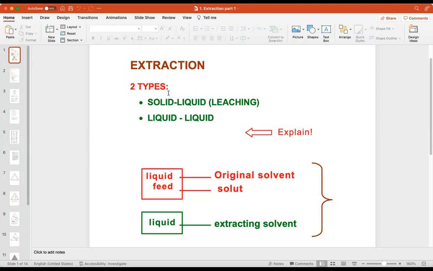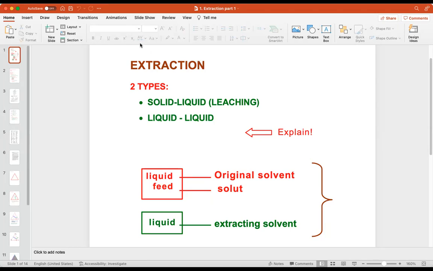Leaching is a solid liquid operation where we have two types of phase, and the solute is transferred from one phase to another. In this case, the solute is transferred from the solid phase into the liquid phase.